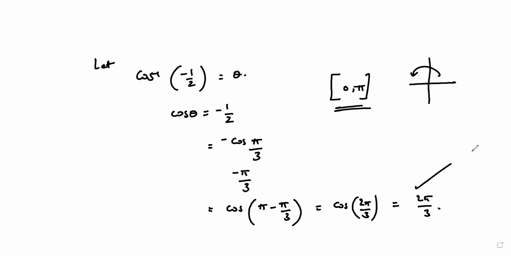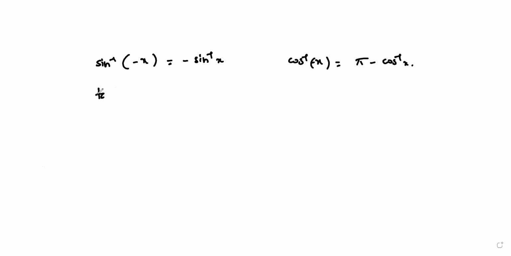Another important thing: sine inverse of minus x is minus sine inverse x. Cos inverse of minus x is equal to pi minus cos inverse x. Tan inverse of minus x is equal to minus tan inverse x.